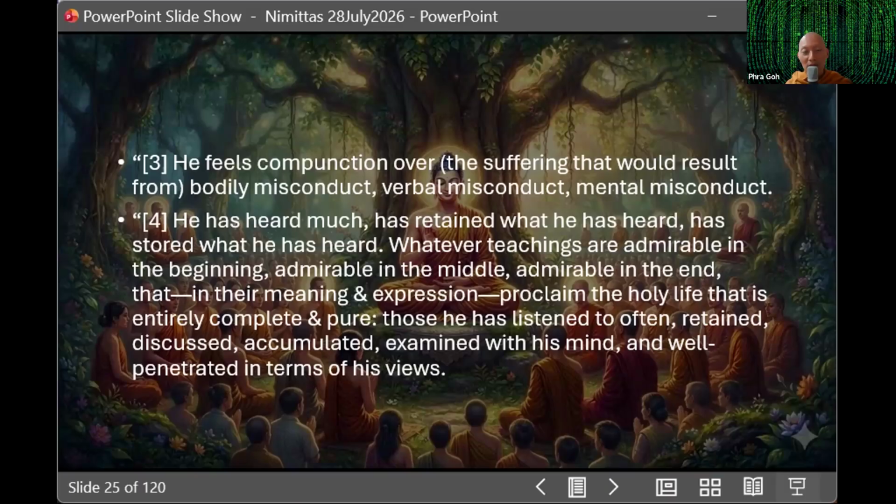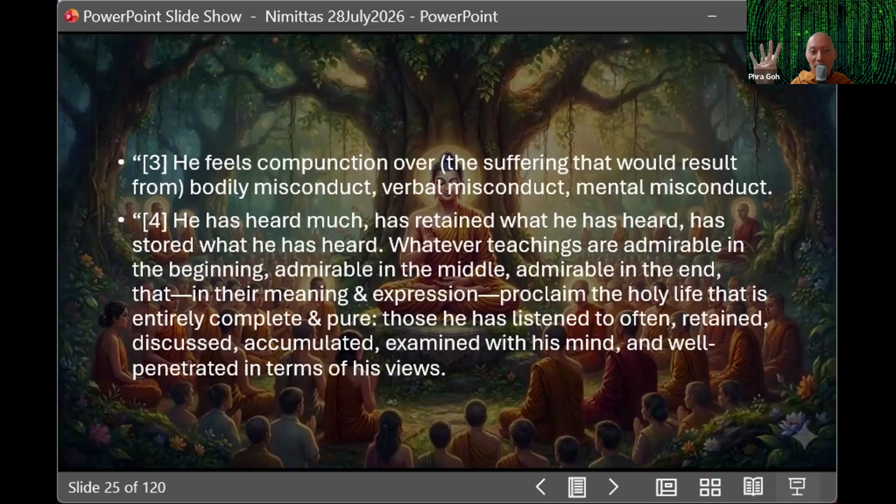So again, to elaborate, what are bodily, verbal, and mental misconduct? Bodily misconduct, there are 3. We recited the precepts, right? First one is to refrain from killing. Stealing, that's the second one. And sexual misconduct. So that's bodily misconduct. Verbal misconduct means telling lies, harsh speech, idle chatter, divisive speech.